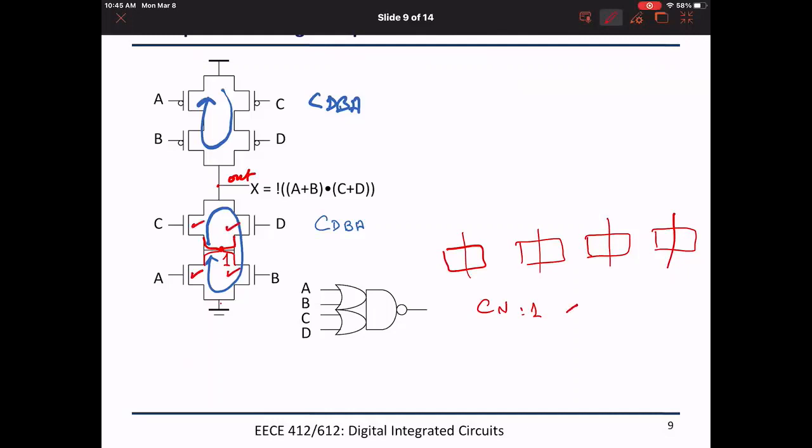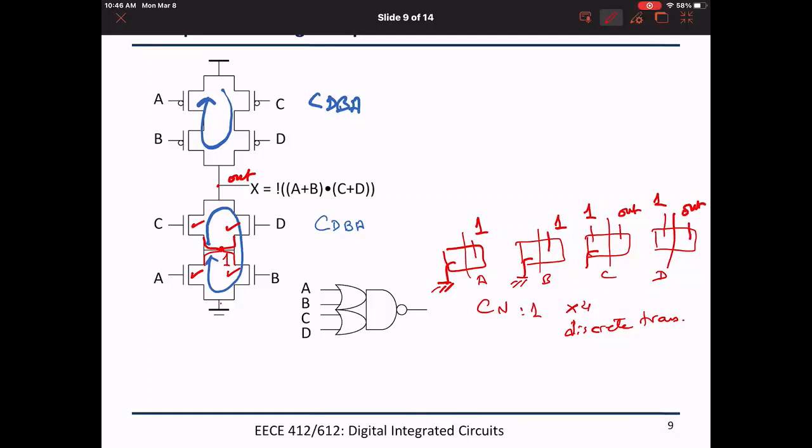So we would have had 4 if they were discrete transistors, right? Because if I have discrete transistors, A, B, C, D, we would have said A is between ground and 1. We said B is also between ground and 1, and C is between out and 1, right? And D is between 1 and out. How many diffusions at node 1?